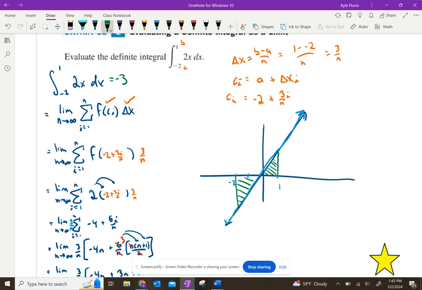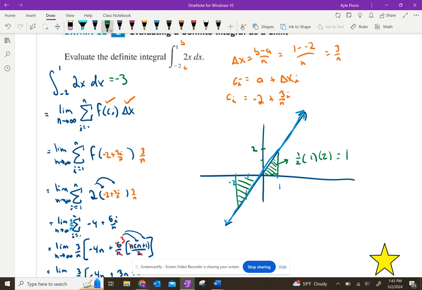Now, when we have area under the x-axis, we're going to think of it as area, but it's going to be a negative value. So the area of this section is a triangle, so it's 1/2 base times height. The base is 1. The height is, well, if I plug 1 into the function 2x, 2 times 1 is 2. So the area of that region is 1/2 times 1 times 2, which is 1.